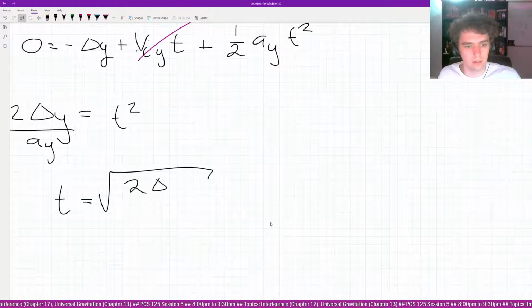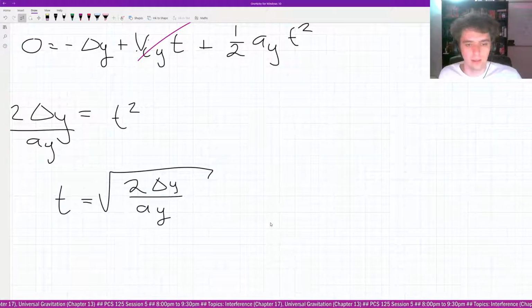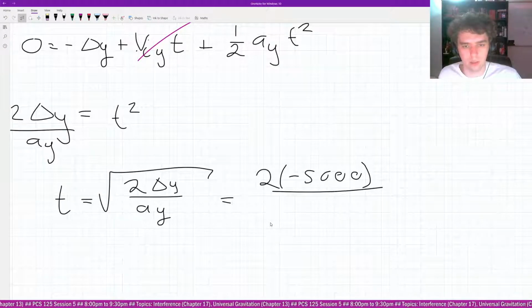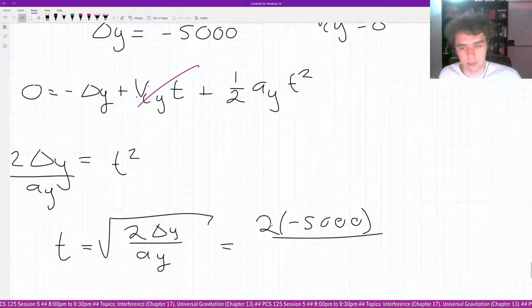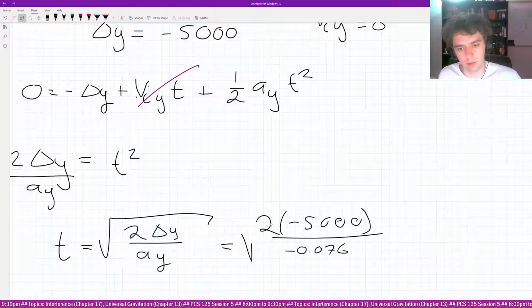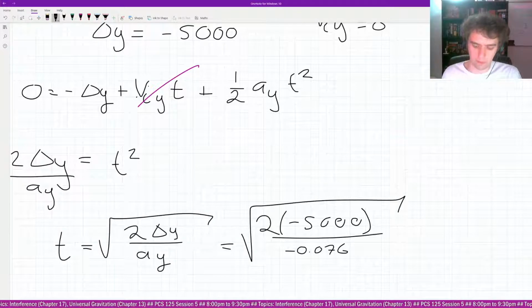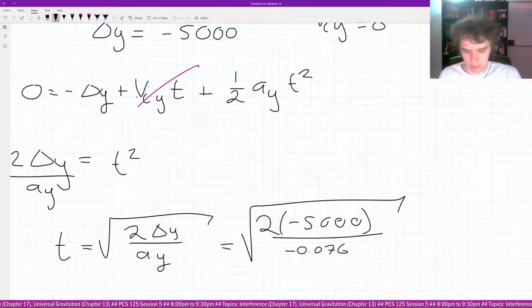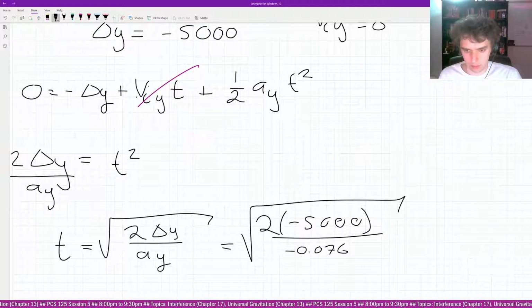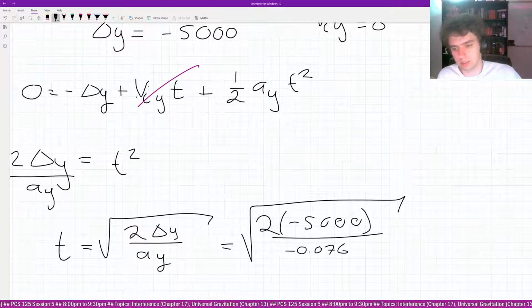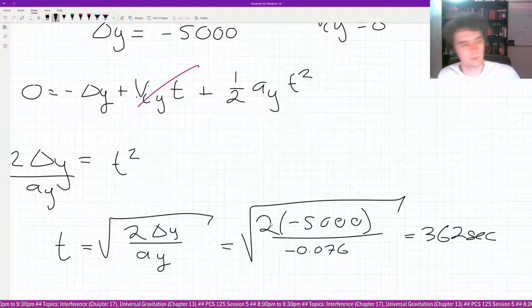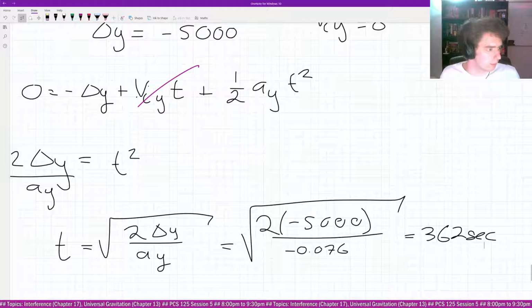So the square root of 2 times negative 5,000 over negative 0.076. I got 362 seconds. And let's see if that's the answer.